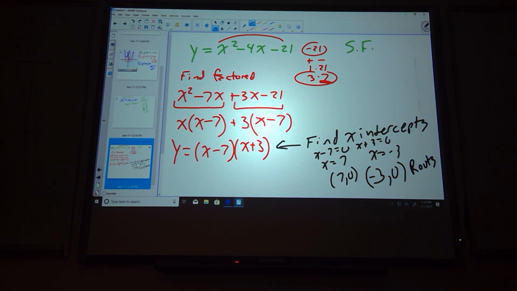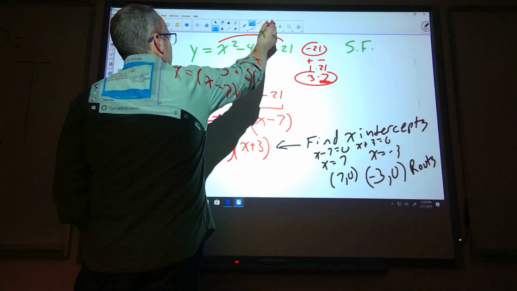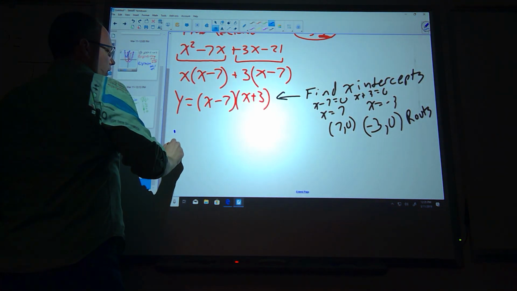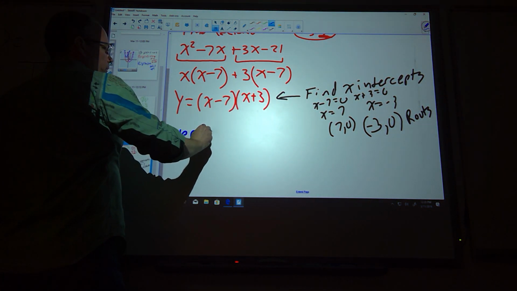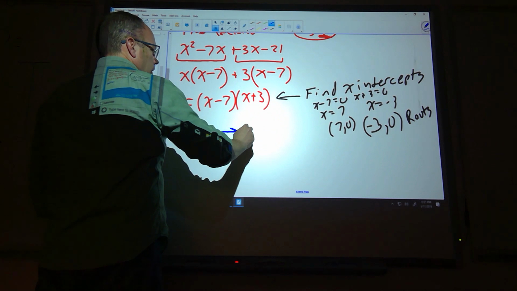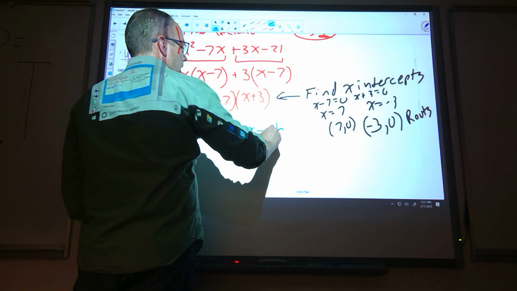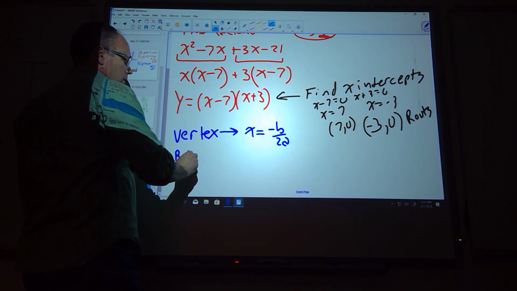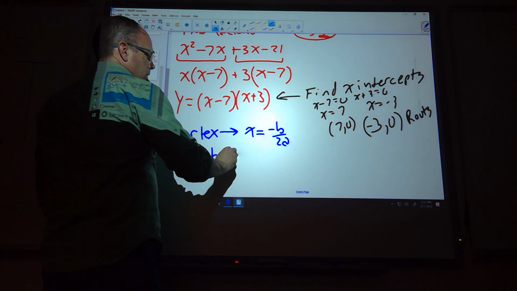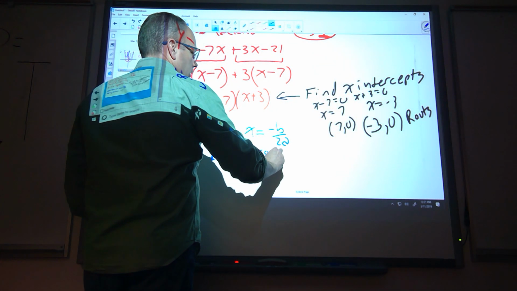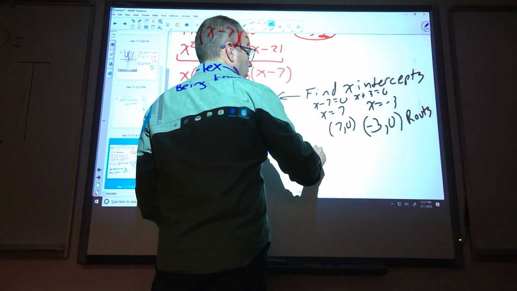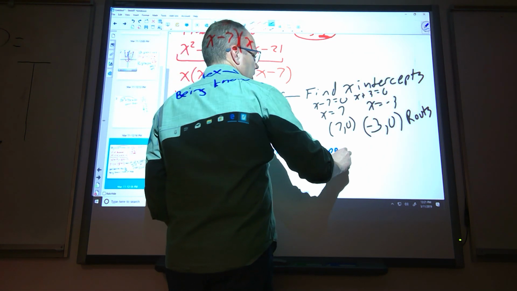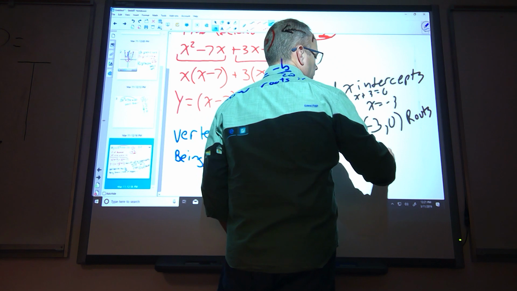Next says, hey, find the vertex. So there's 2 ways I can find that vertex. We can do x equals negative b over 2a. Or, we know the roots, and the vertex happens in between.